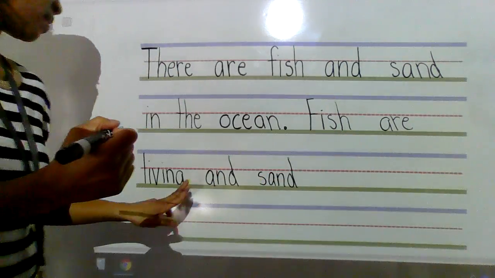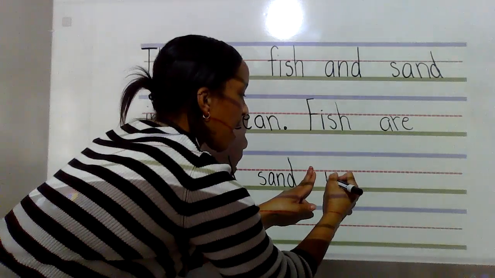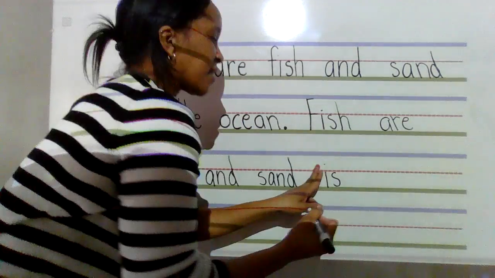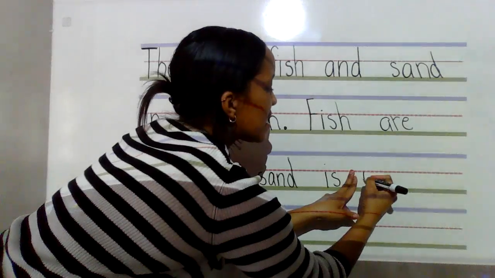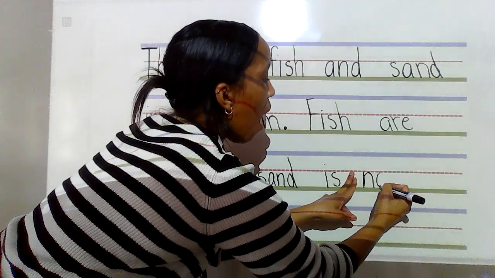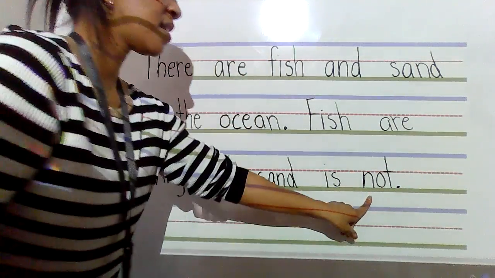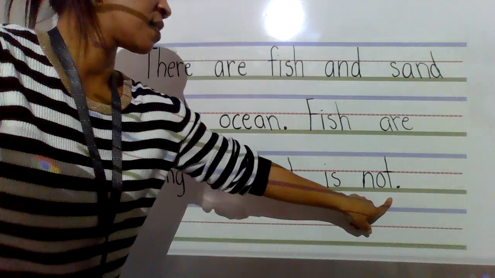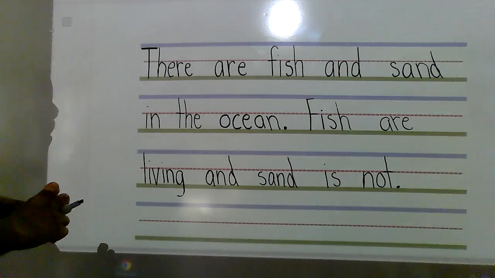Fish are living, and sand is, yell it out, I-S, not. Help me sound out not. Ought. Not. All right, let's read it. We always go back and read our work. Make sure it makes sense.